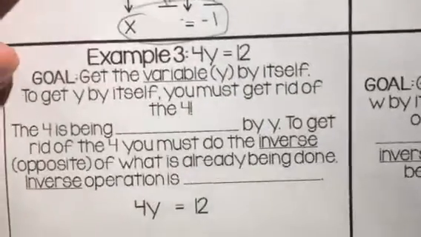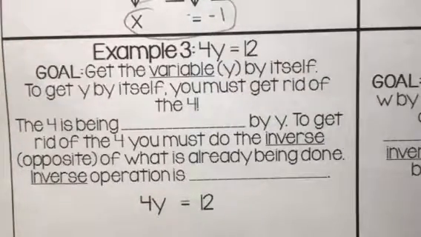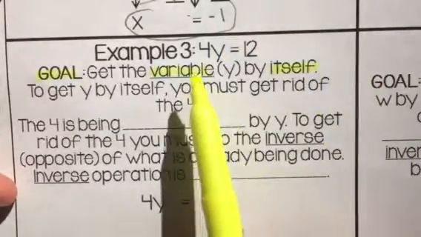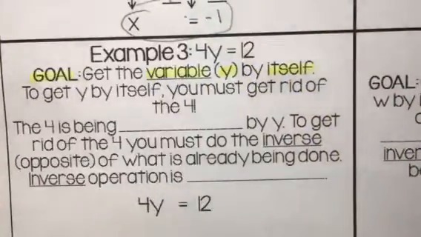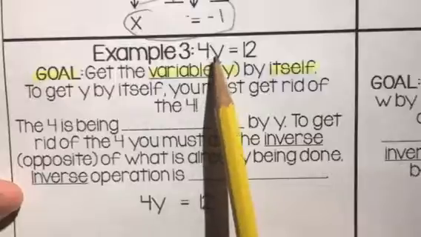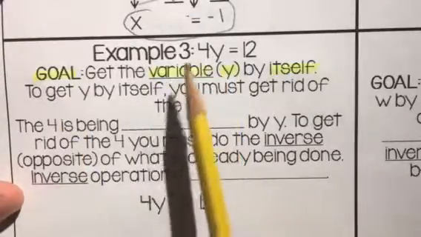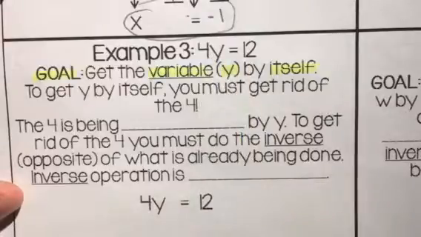Let's look at example number 3. Again, the goal is to get the variable by itself. And in this case, we have 4y equals 12, and y is our variable. Well, when I have that 4 and this y together, what it is really saying is 4 multiplied by y. So 4 times y equals 12.